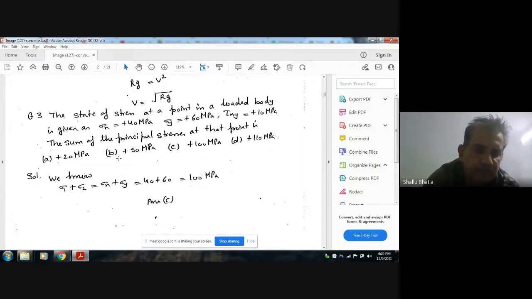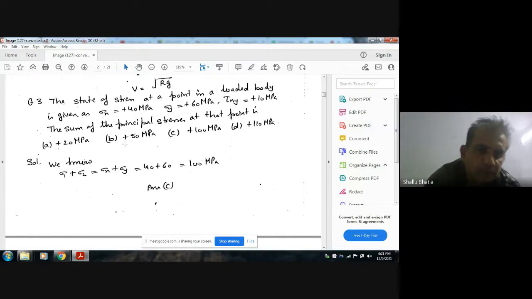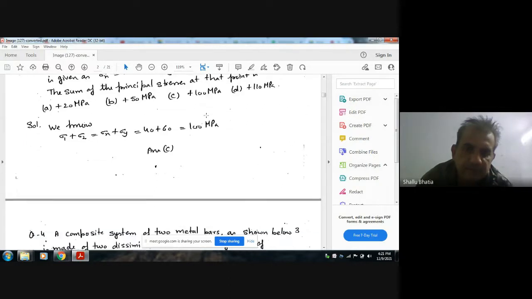Sigma x plus sigma y by 2 represents the distance of the center of the Mohr circle from the origin, which remains constant. This distance is also given by the sum of principal stresses by 2. So sigma 1 plus sigma 2 is equal to sigma x plus sigma y. Sigma x is 40, sigma y is 60, so sigma 1 plus sigma 2 is 100 MPa.